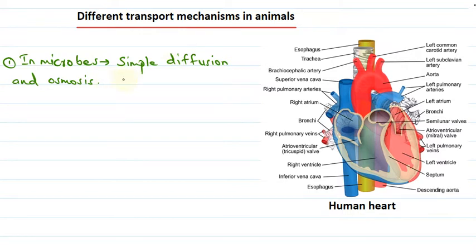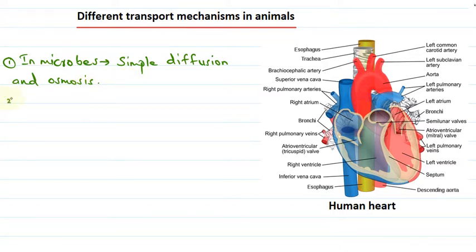In diffusion and osmosis, the substances to be transported move from higher concentration to lower concentration, but in osmosis the movement of substances takes place through a semi permeable membrane. But both of these processes can transport only to short distances. Hence in microbes these two mechanisms of transport help in the transportation of all the substances.